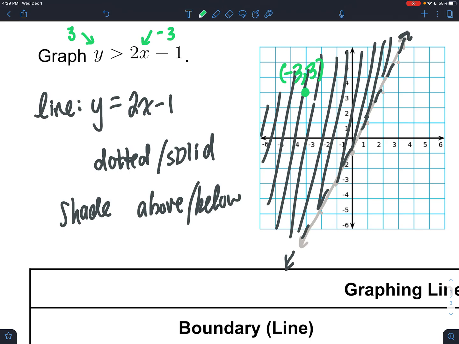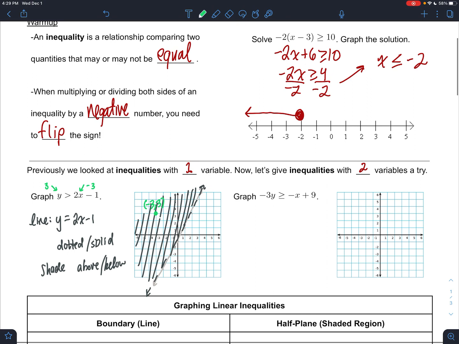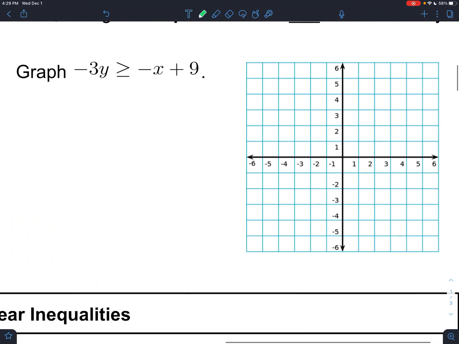So the collection of all of those points under the shade are parts of the answer. In contrast to these inequalities, where it was just a collection of numbers, now we're looking at a whole two-dimensional grid of numbers that we shade in, and they're all points.